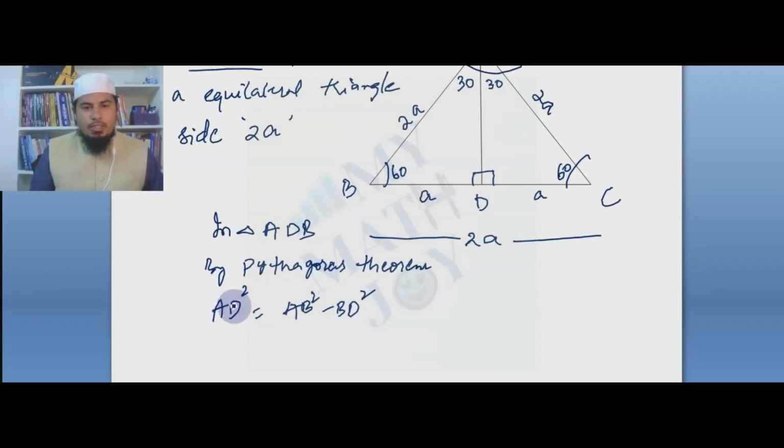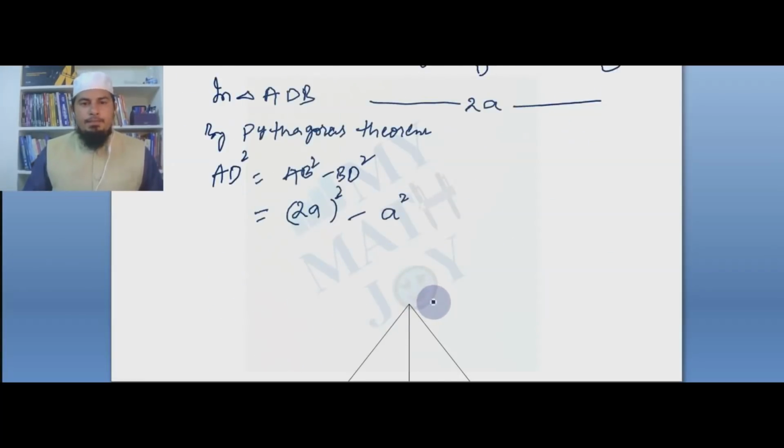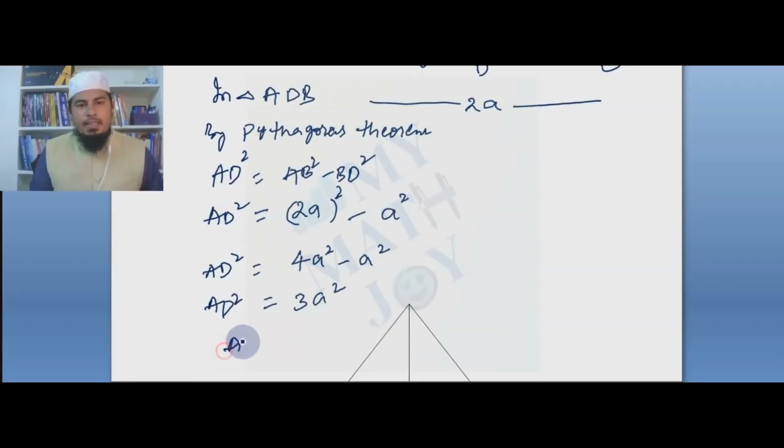Now we substitute the values we have: 2a whole square minus BD, which is a square. 2a whole square becomes 4a square minus a square. If I simplify, it is 3a square. AD square is 3a square, and AD is equal to under root 3a square, which is root 3a.